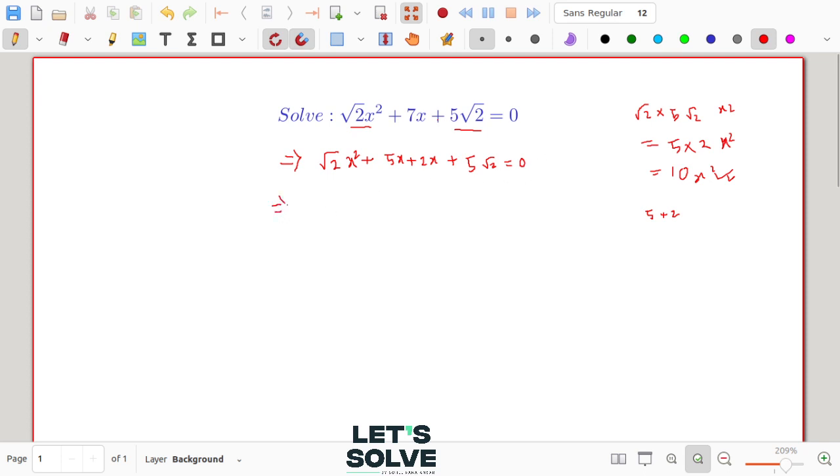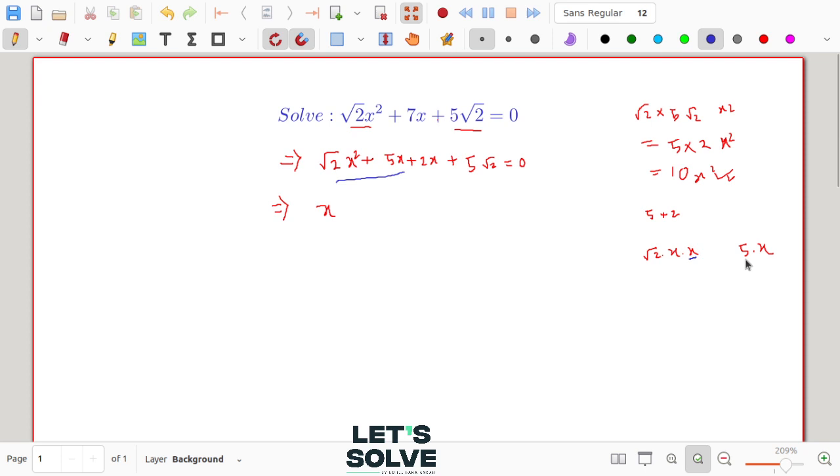Next, to factorize, we have to take the common factor between the first two terms. Here we can take x common. How? Let's see. Here root 2x square means root 2 is there and x square means x times x. And 5x means 5 and x. So you can see what is common in both terms.